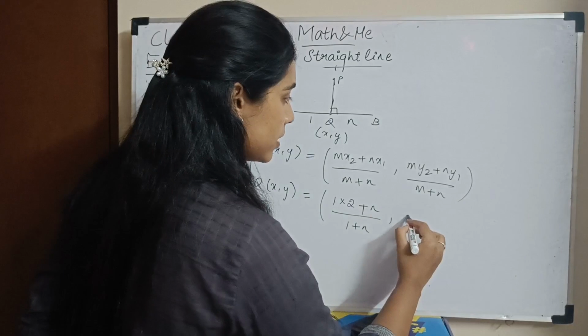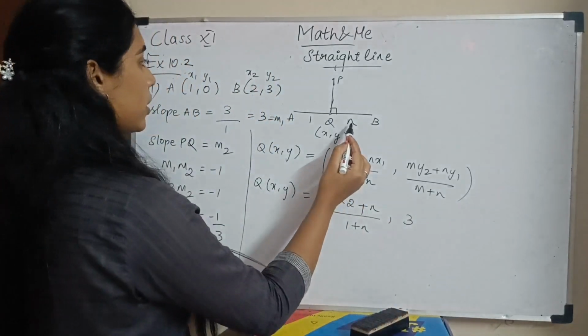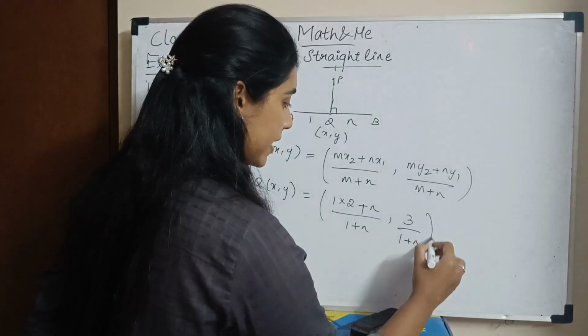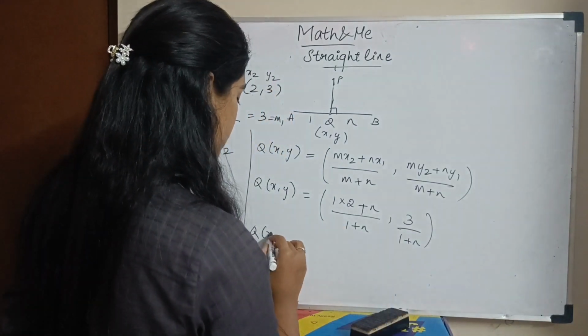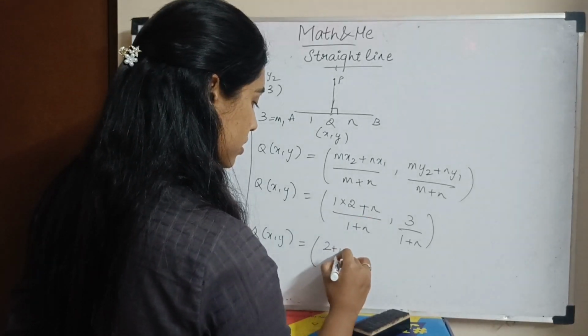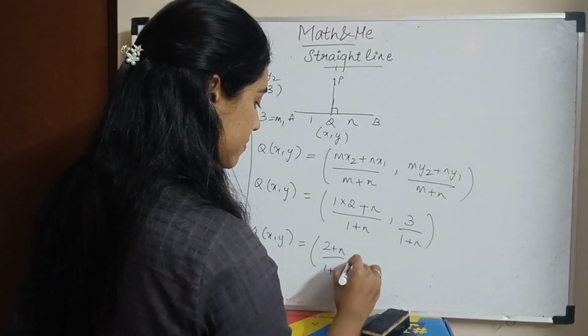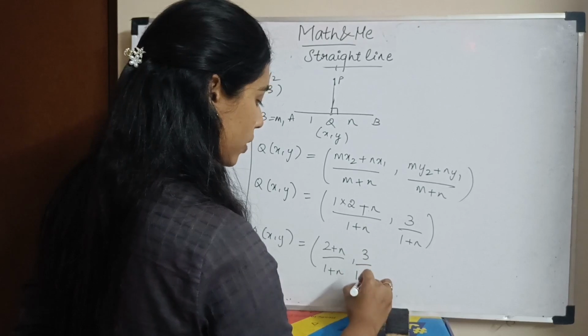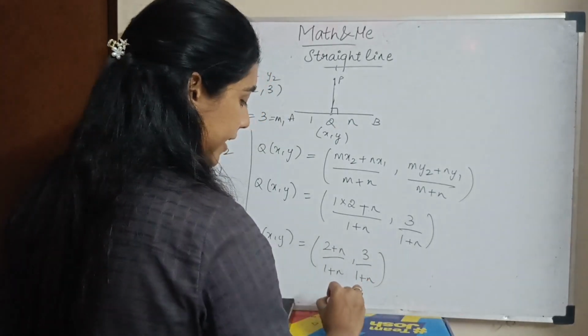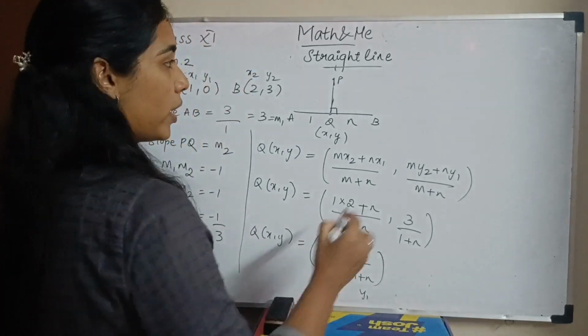So m is 1. 3 plus n y1, which is 0, divided by 1 plus n. So what are the coordinates of Q? I have (2 plus n) divided by (1 plus n), comma, 3 by (1 plus n).